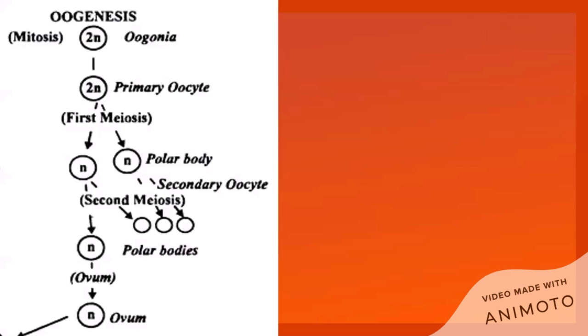So when you look at this form of meiotic division, we would realize that the productivity of the process is lower than that of spermatogenesis, because here, though we may have four haploid cells at the end, the three polar bodies have no reproductive function, so they will degenerate, and only the ovum will be able to participate in fertilization.